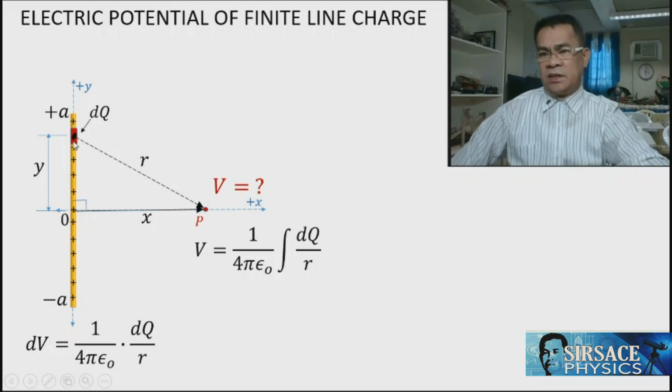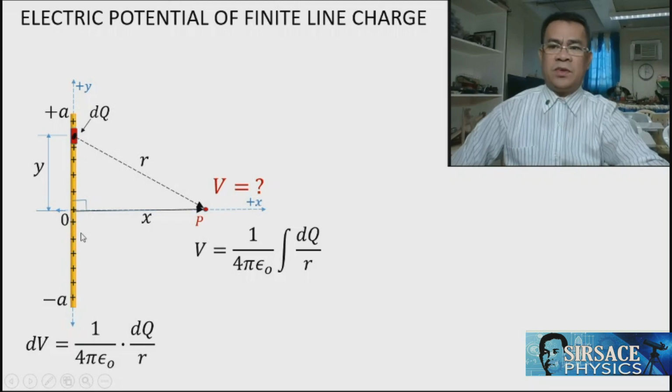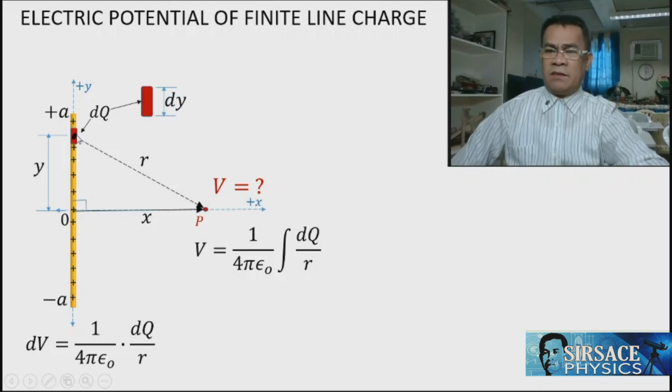So therefore, this charge segment will move along the y-axis. It can be positive above, negative below, and 0 at the origin. So what is dq? Take note that the infinitesimal charge has a very, very small length of y, which we call dy.